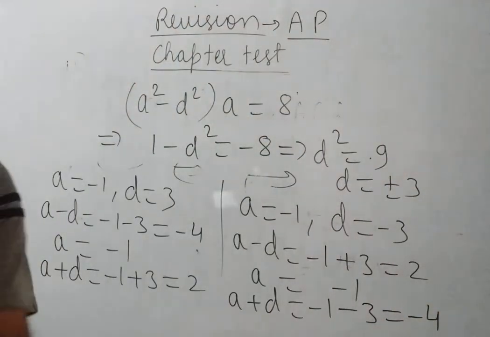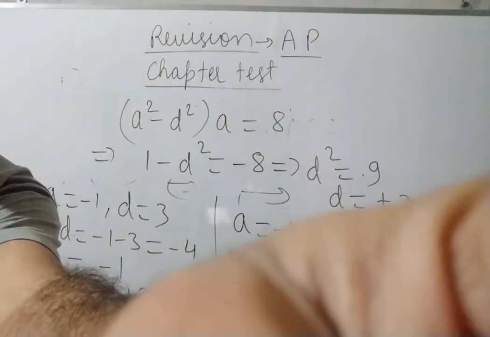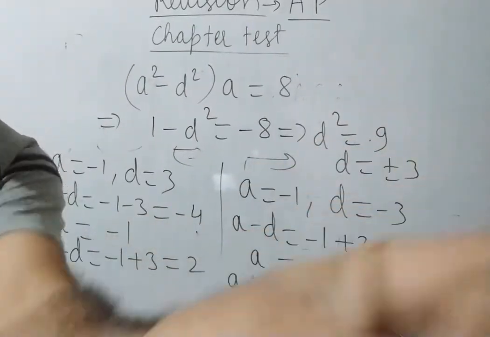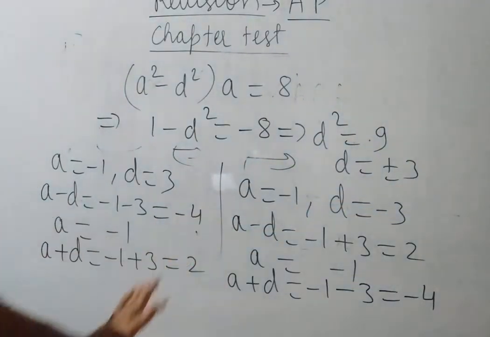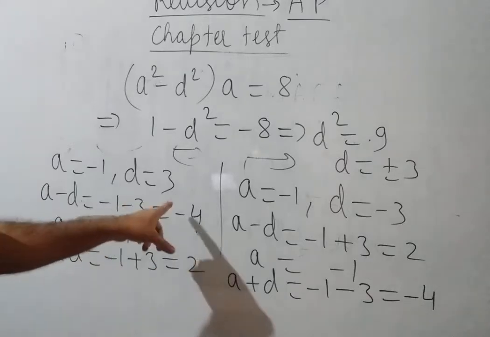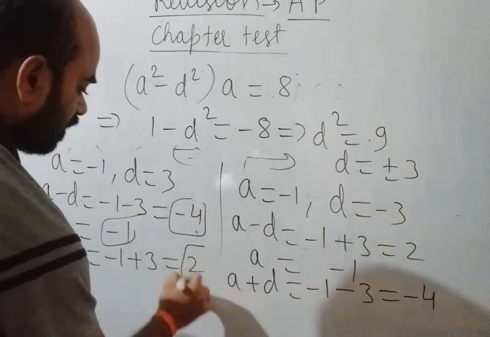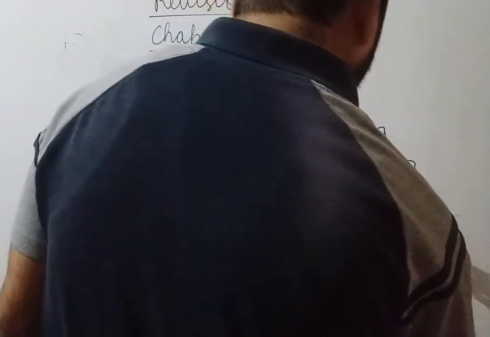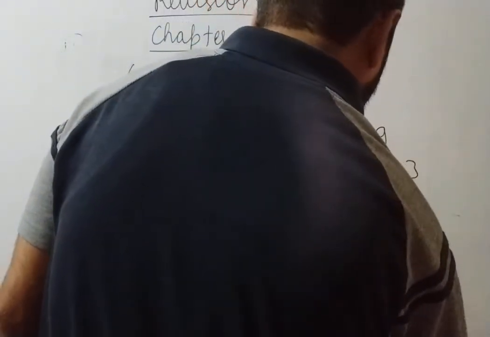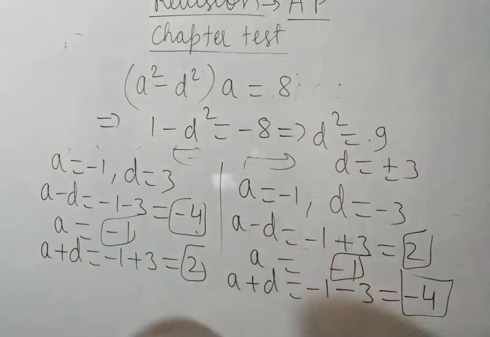So these are the numbers: minus 4, minus 1, plus 2, or plus 2, minus 1 and minus 4. So these three numbers are in AP, correct? Next.